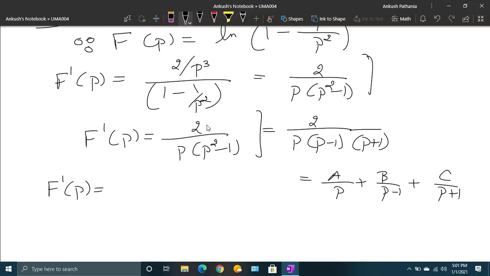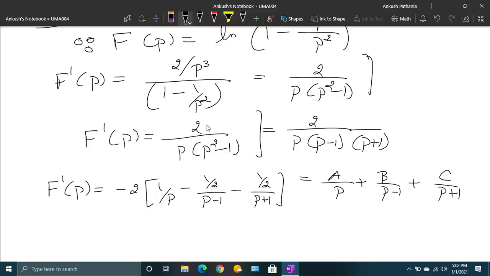Even you can do this partial fraction step while taking the inverse, but I am doing it earlier. So F dash p is minus 2 times 1 by p, minus 1 by 2 times 1 by p minus 1, minus 1 by 2 times 1 by p plus 1.